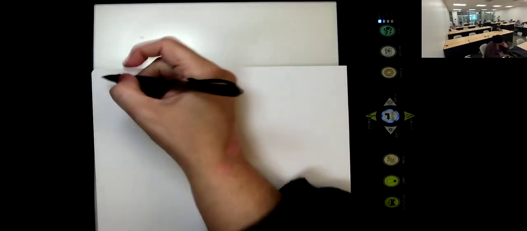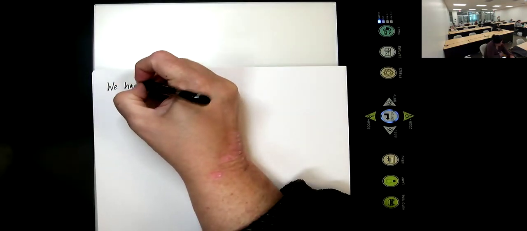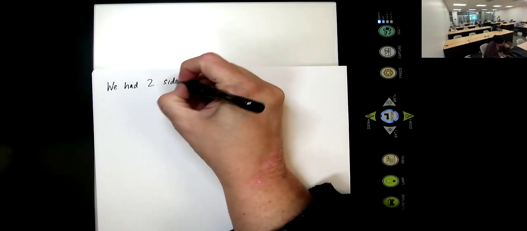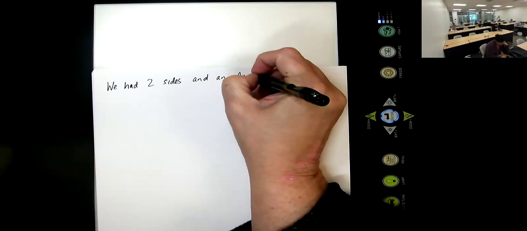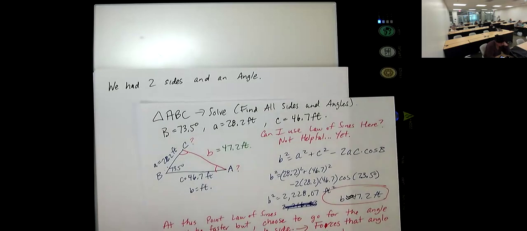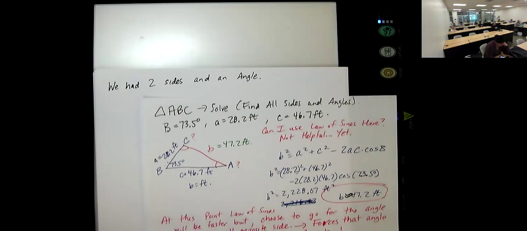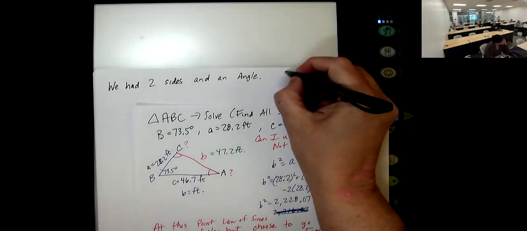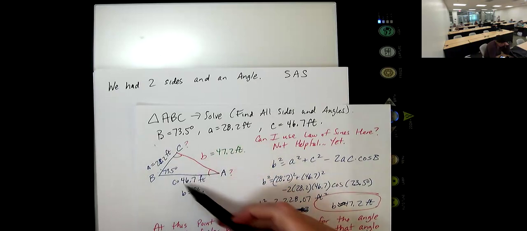So in this case, we had two sides and an angle. If you notice the setup, it was a side, angle, side: I had a side, the angle between them, and a side.